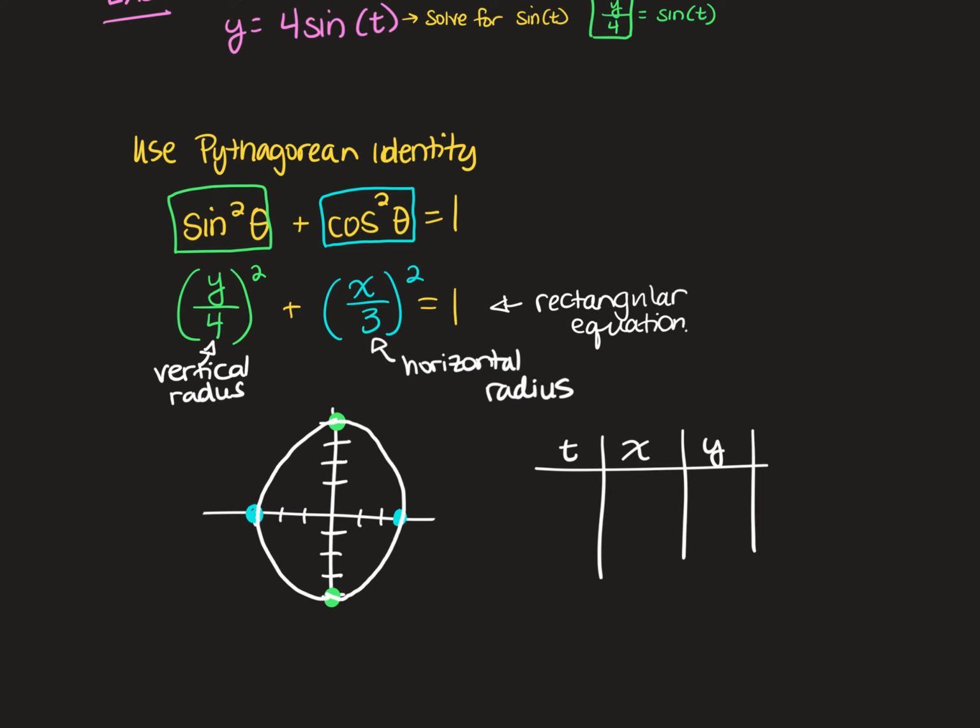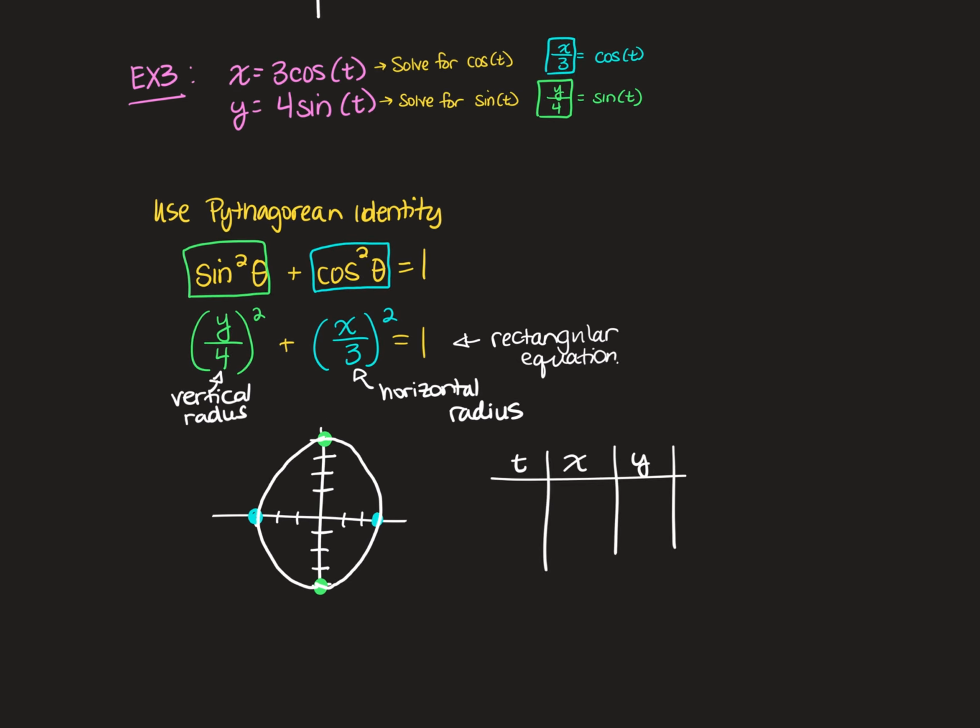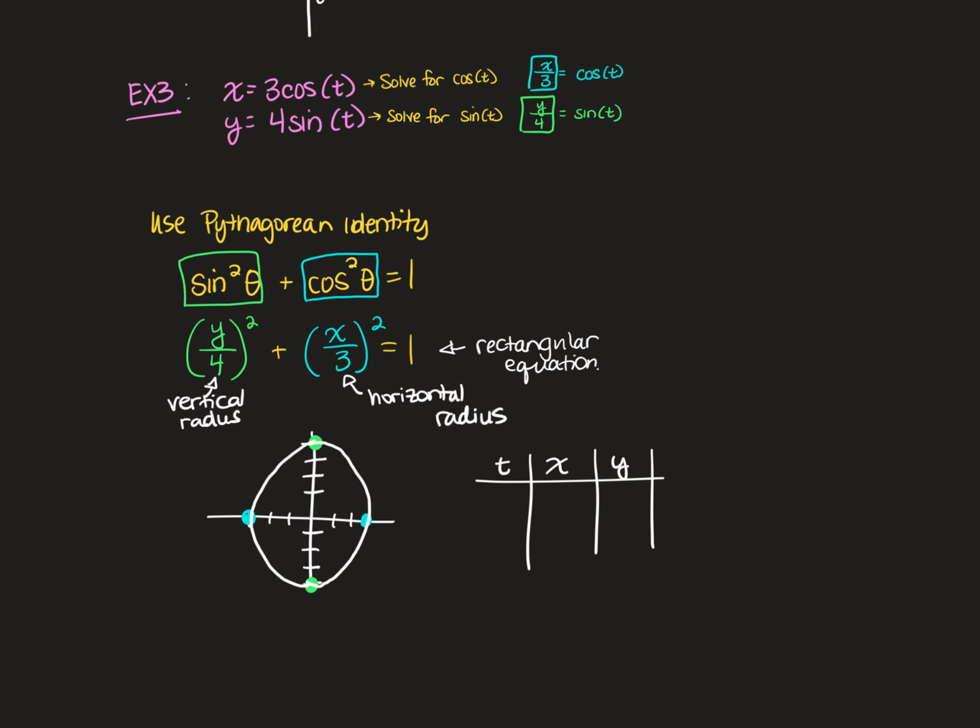Now, I have to be strategic since we are talking about trig functions that we're going to plug into up above. So I'm going to pick trig values that would be easy to find the cosine and sine of. So I could say 0 degrees and then maybe 90 degrees. Okay, so we plug those in, we'll get 3 times the cosine of 0 is our x coordinate, and that will just be 3.